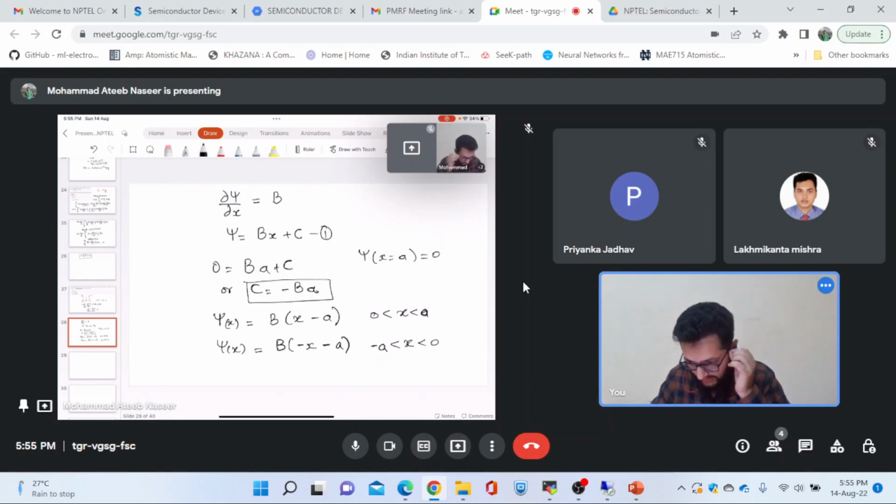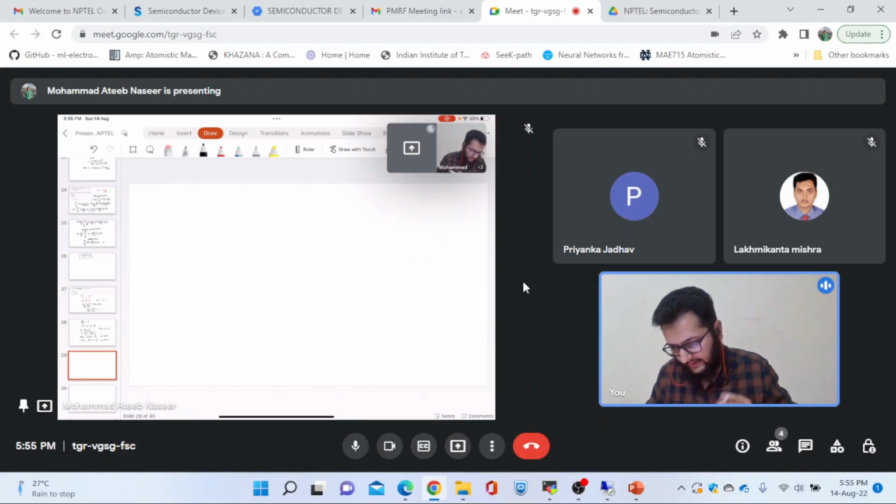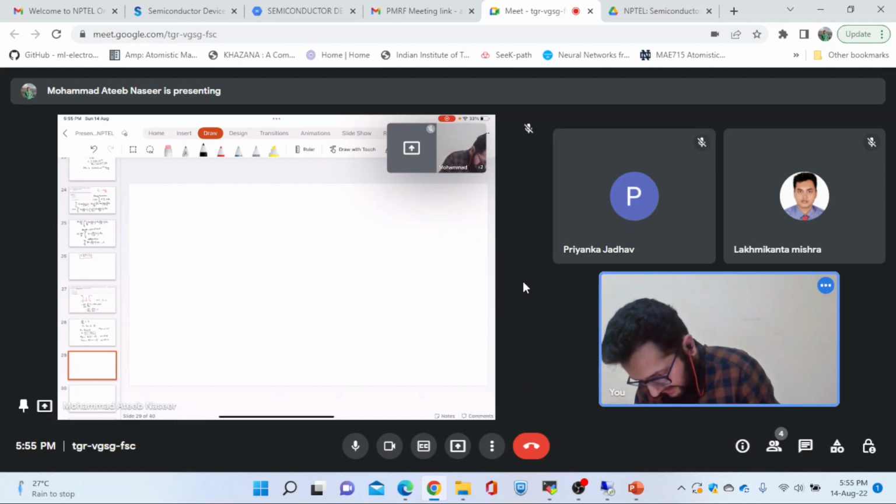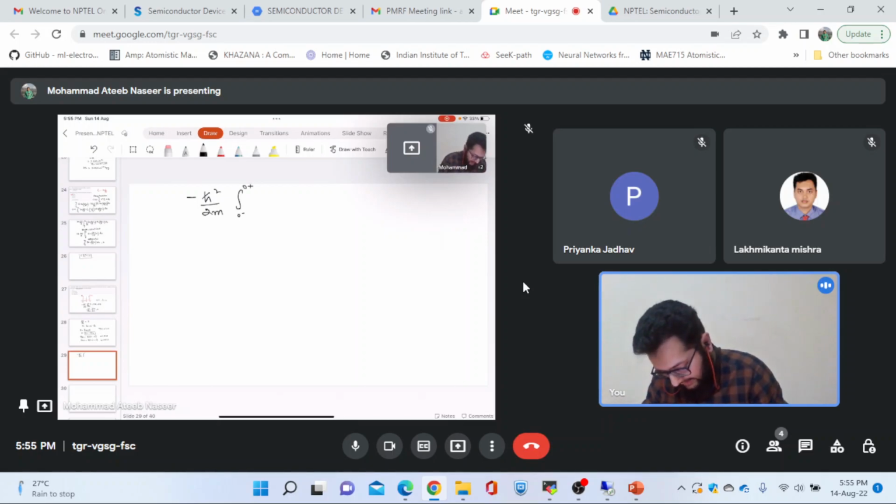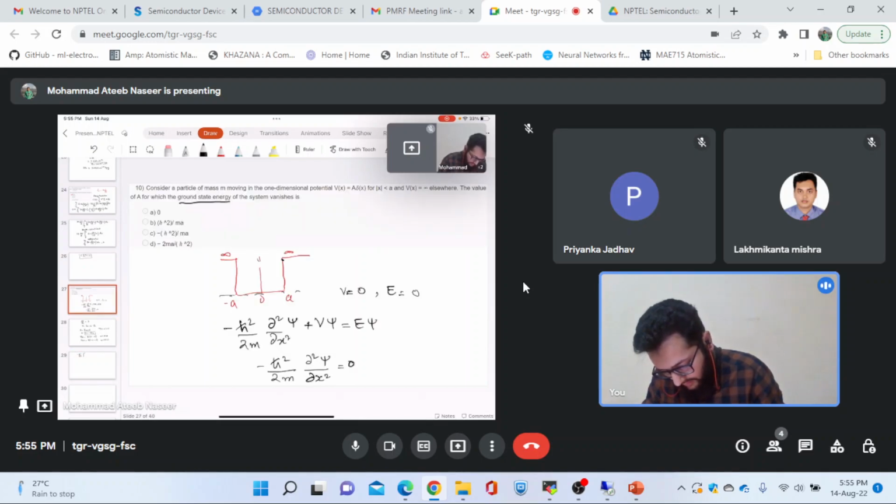Now we will be using that boundary condition again at x equal to 0. We will simply solve this Schrodinger equation again. We are integrating the Schrodinger equation between the limits 0 minus and 0 plus, as we are tending towards 0 from this direction and this direction.